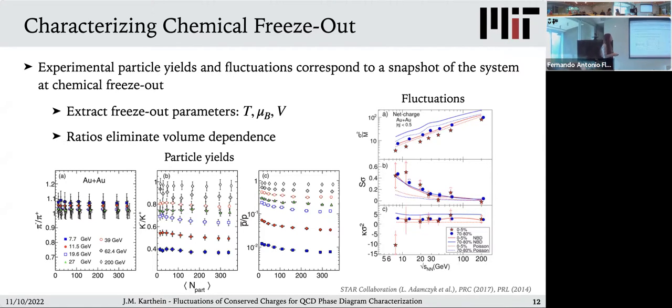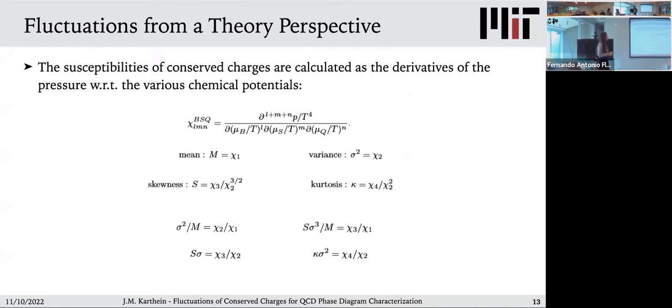And again, when you take the fluctuations, you can use them as another tool for extracting these freeze out parameters, these coordinates in the QCD phase diagram. Now, from the theory side, we can calculate the fluctuations. We can calculate these moments as well. Those are going to be basically derivatives of the pressure with respect to the different conserved charge chemical potentials, and that gives us different moments of the distribution.